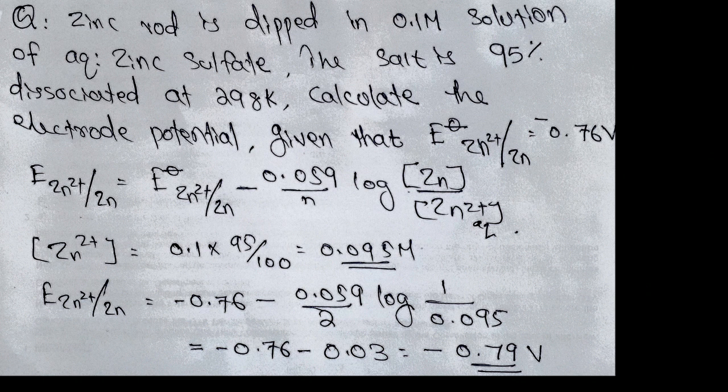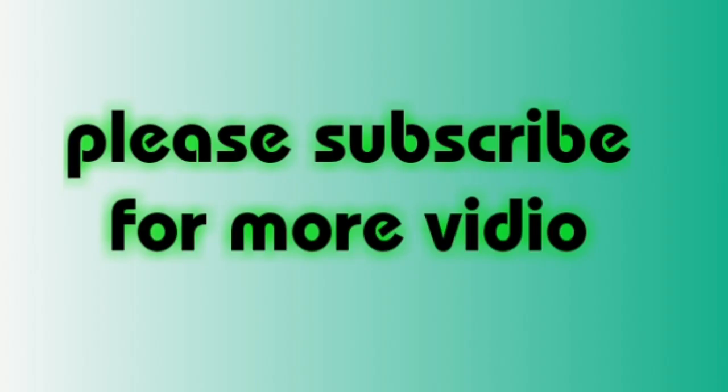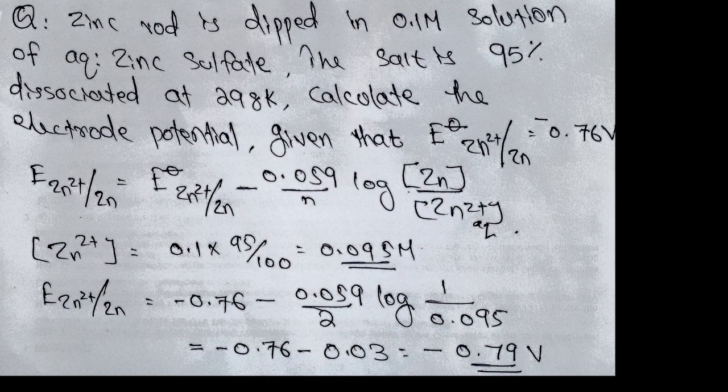According to the Nernst equation, electrode potential E(Zn2+/Zn) equals E0(Zn2+/Zn) minus 0.059 divided by n log concentration of zinc divided by concentration of Zn2+. Here the concentration of zinc is solid state, so you can take its concentration as 1. The concentration of Zn2+ we cannot take as 0.1 because it is not 100% dissociated, only 95% dissociated.